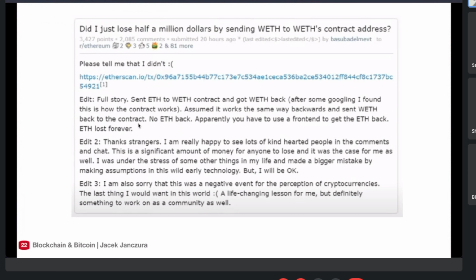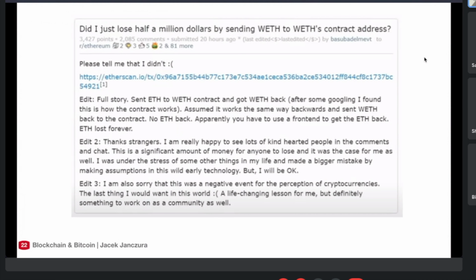And since blockchain is a distributed network and there is no central bank, there is no institution where you can say, I made a mistake, can you revert my transaction? It's not possible. There is an example of a Reddit post where someone lost $500,000 by sending a transaction to the wrong address. If you do it, your money disappears.